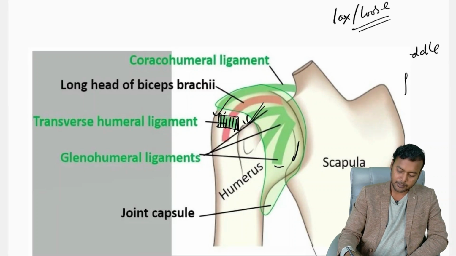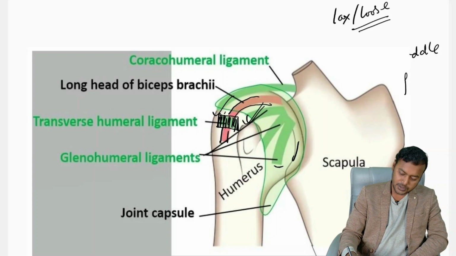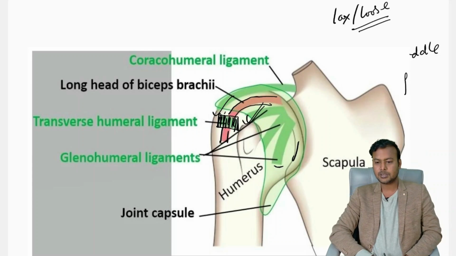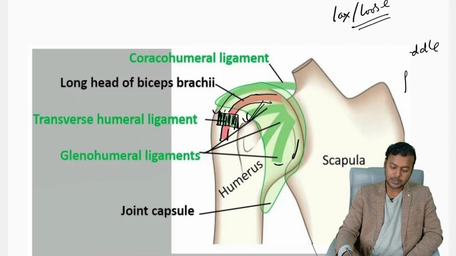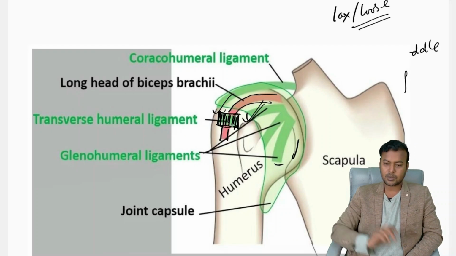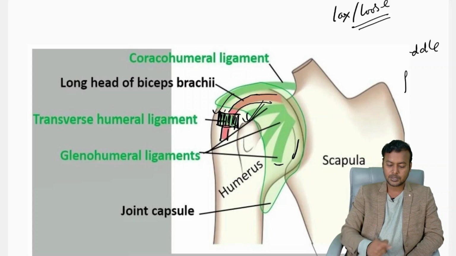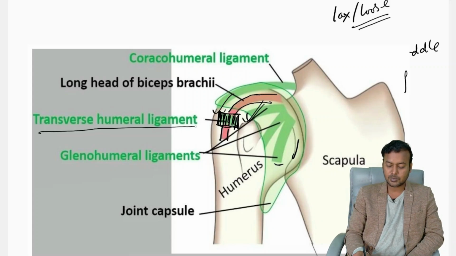So this ligament encloses the structure which passes within the bicipital groove, which we have already discussed, the tendon of the long head of biceps. This ligament enclosing the tendon of the long head of the biceps, which passes through the bicipital groove, is known as the transverse humeral ligament. All right.